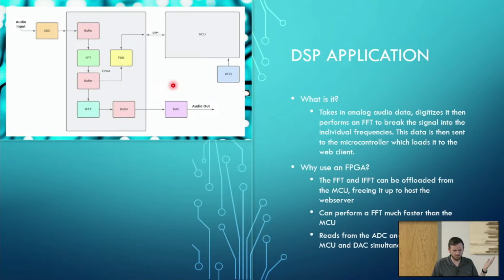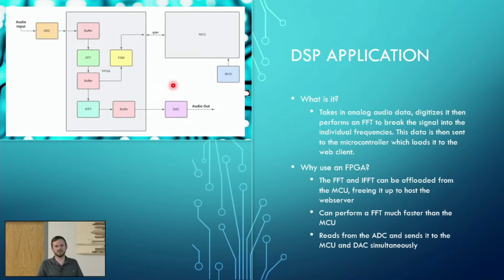One of the other things I'm working on right now, unfortunately I didn't get it done in time, is I'm taking in analog audio data, and then I'm running it through what's called a fast Fourier transform, which basically allows me to break out the treble, bass, and mids. Then I offload that data to a microcontroller, which hosts a web page that allows you to see that data, and then you can adjust the treble, bass, or just completely cut out frequencies.